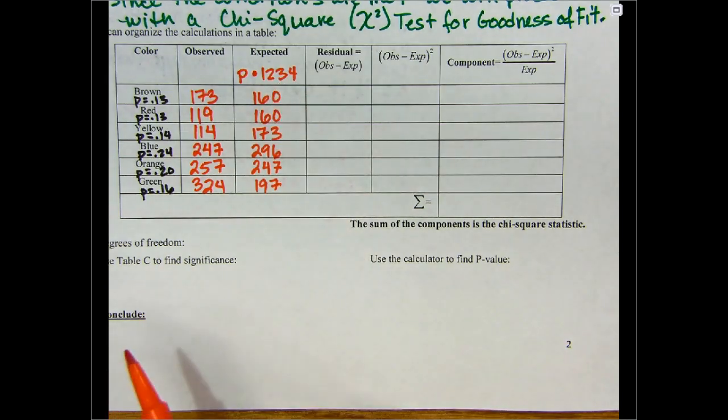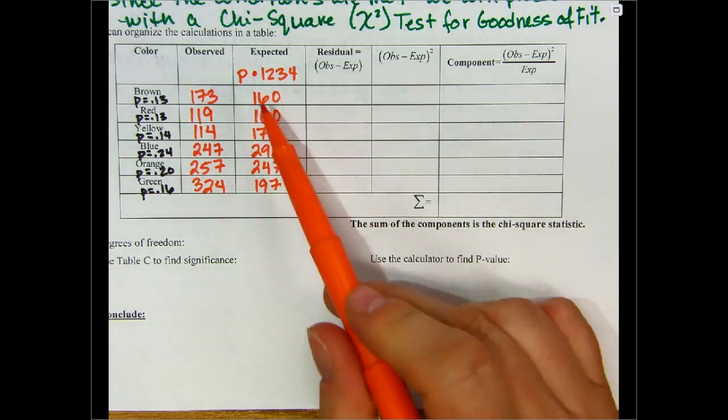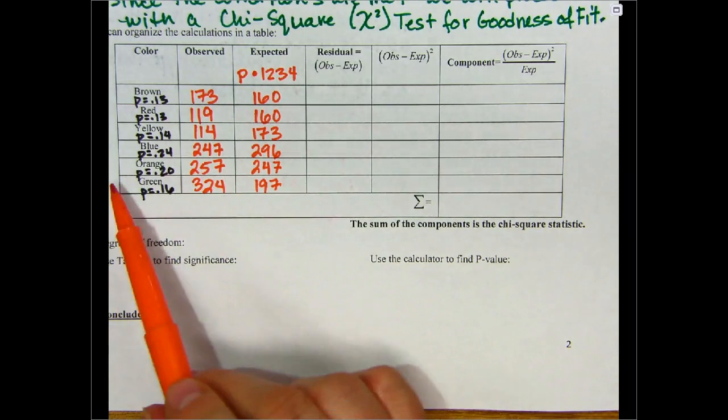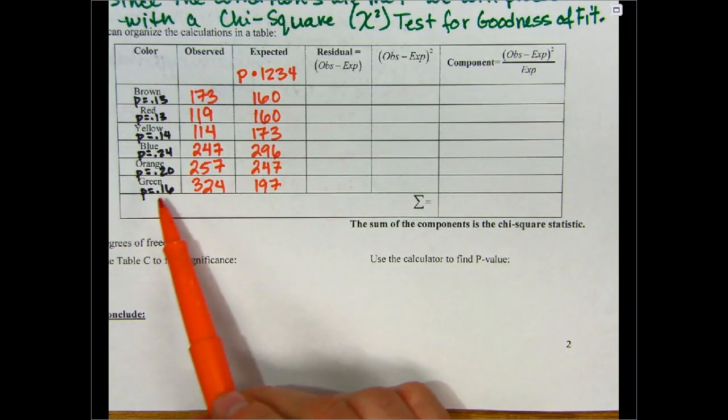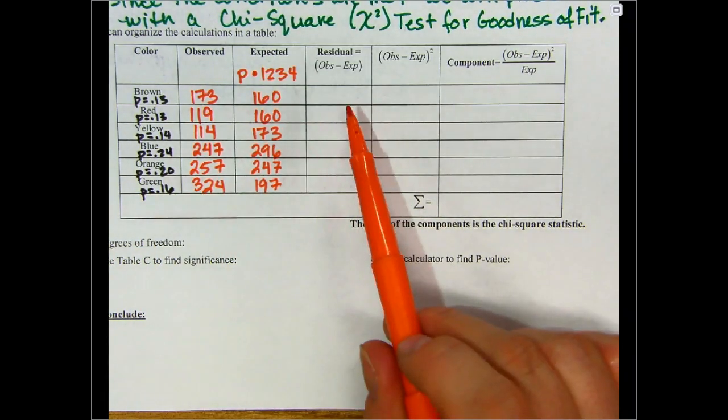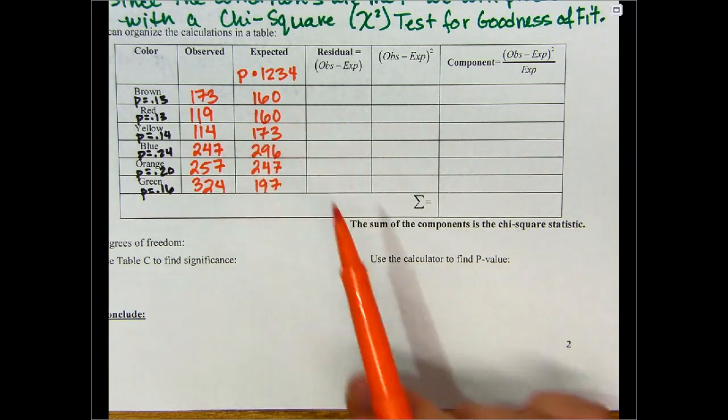Where did I get that 1,234 from? It was my total in my sample. So this is how many I should expect to get if these really were the true proportions. My residual, of course, is just subtracting the two.